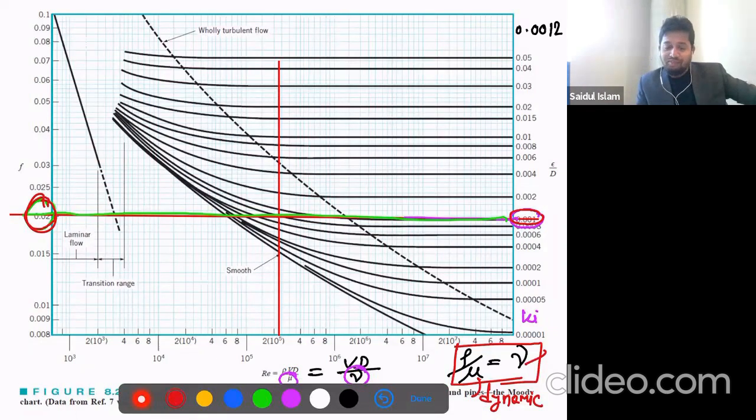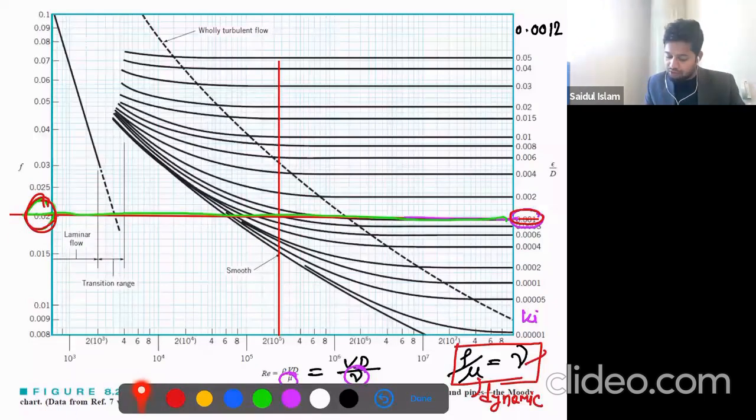Okay, so look, you didn't ask the question, but what I said: we got the relative roughness is 0.0012. We don't know the Reynolds number. That means we can't get the friction factor from here, so we are using some assumptions. It is called the trial and error method. You must learn this as an engineer, and in that way you will do the optimizations.